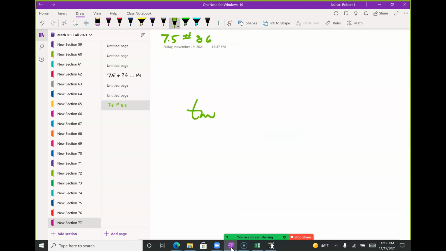The tangent of the inverse cos of 4/5 plus the inverse sine of 1. I want to figure out what that answer is, question mark.